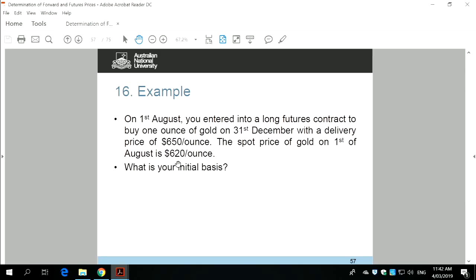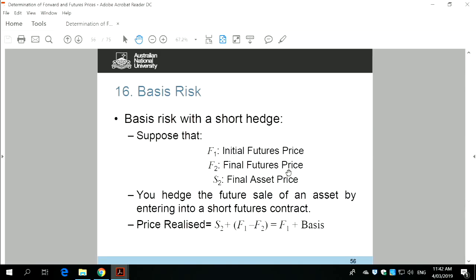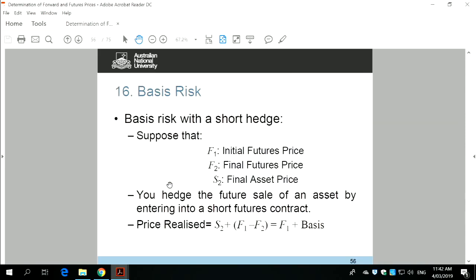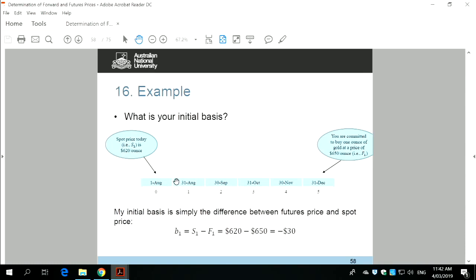And what is your initial basis? All right? So your initial basis, going back to this graph here, will be the difference between the futures and the spot, right? The spot price today is $620, and the delivery price is $650. So the difference is minus 30, right?